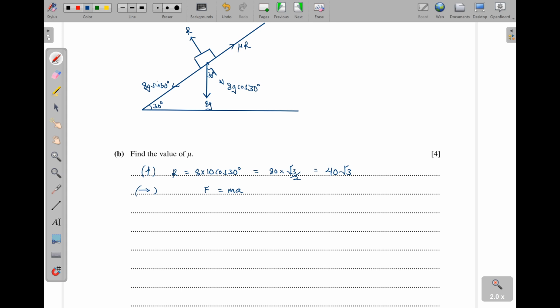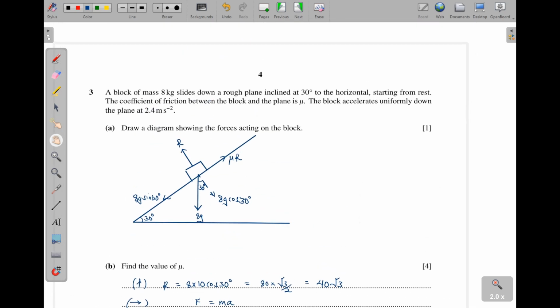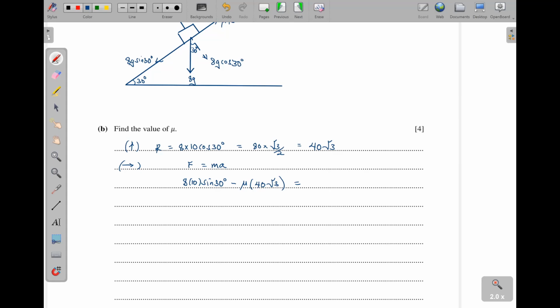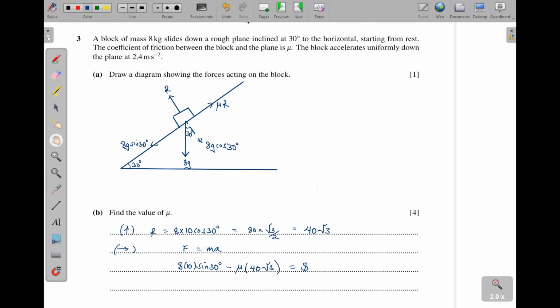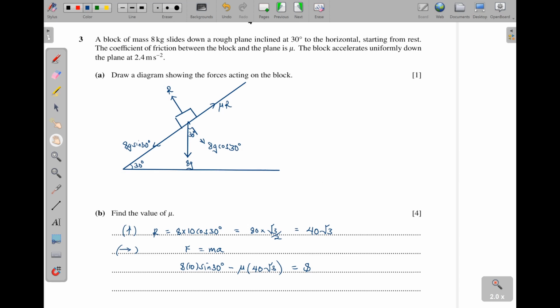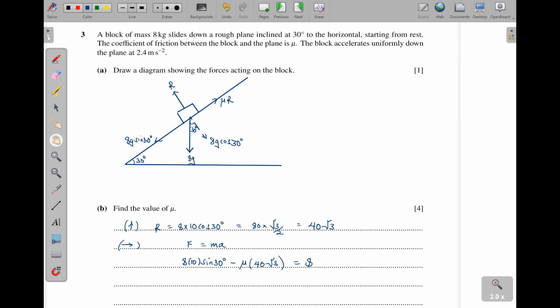So we shall have the 8G sine of 30 minus the resistance force mu R. R we have seen it is 40 root 3, which is equal to the mass. Mass of the block is 8 kilograms. So 8, were we given the acceleration? Yes, 2.4 meters per second squared.